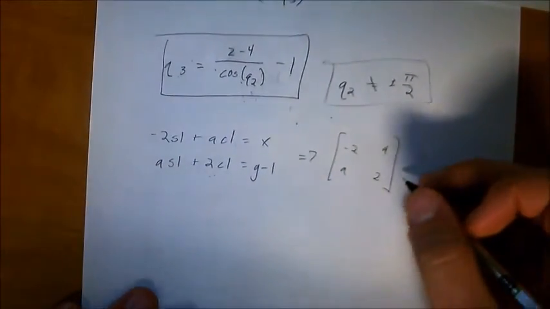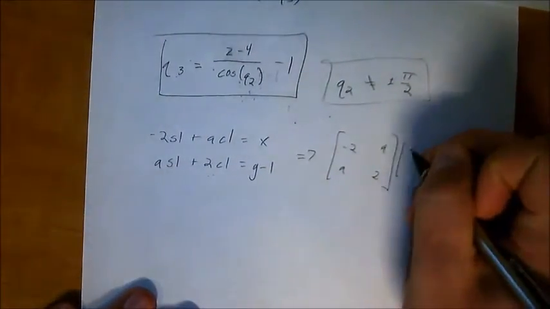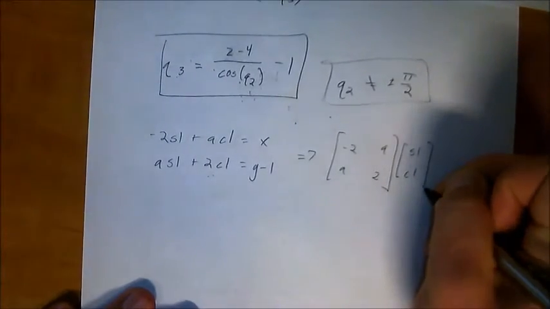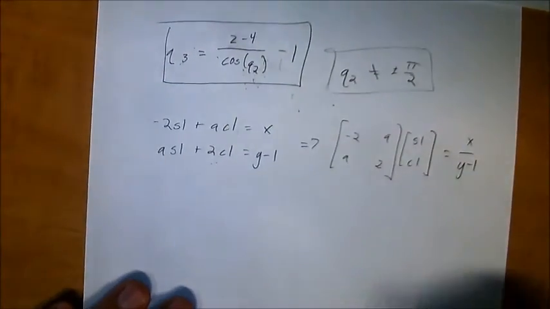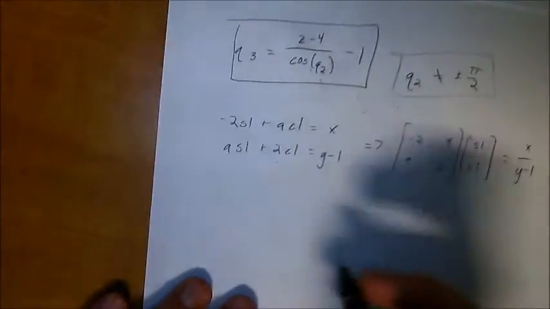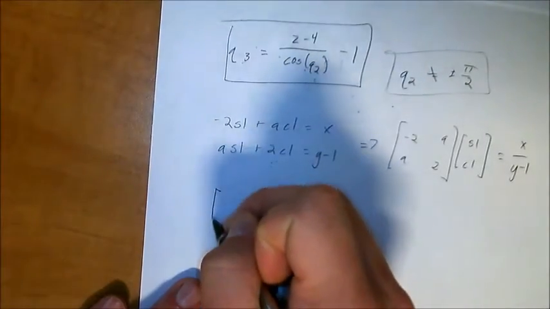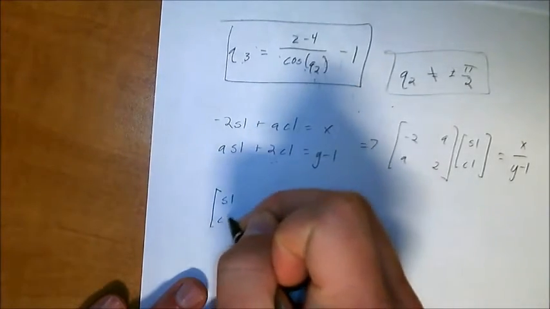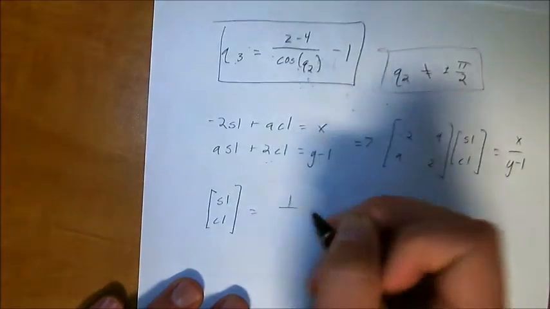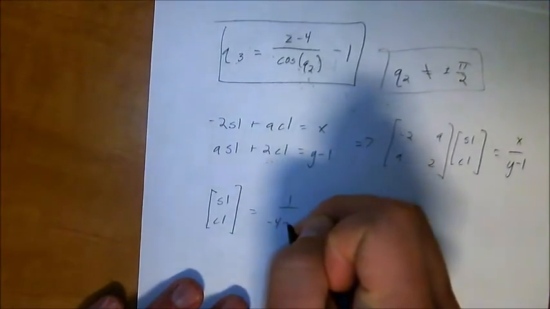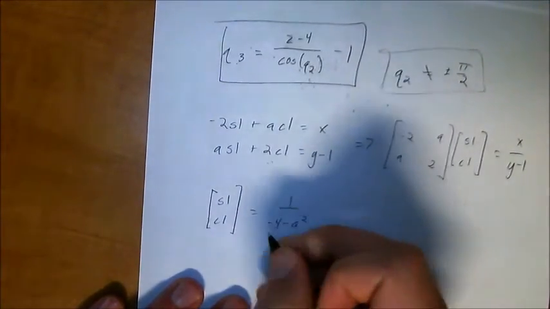So we're going to go ahead and do minus 2, a, 2, a, these first two parts of this matrix right here. And then sine 1, cosine 1 is equal to x over y minus 1. Alright, so there's nothing we can really do right there, so we're going to go ahead and solve for S1 and C1 because we're trying to find q1.